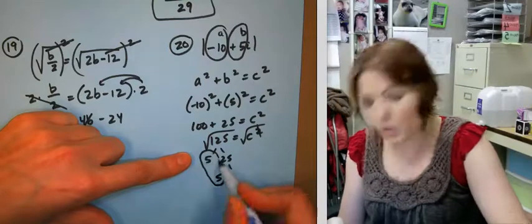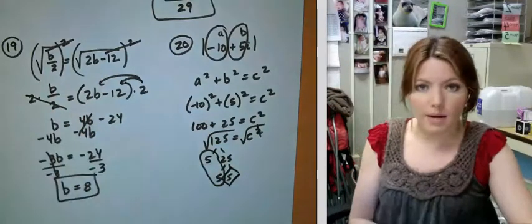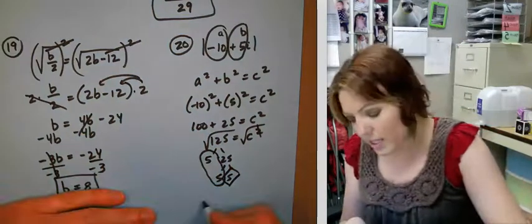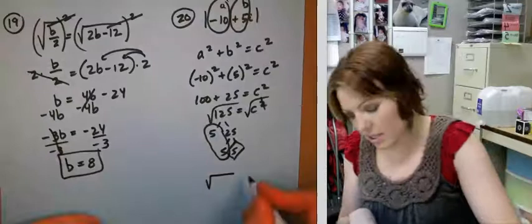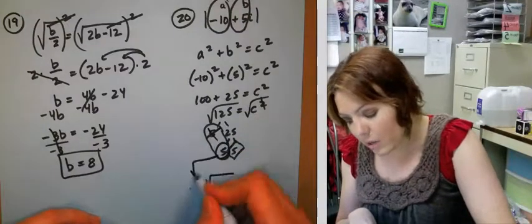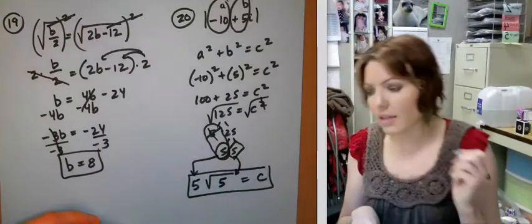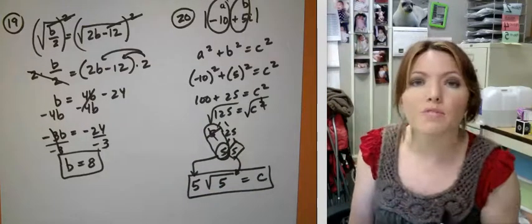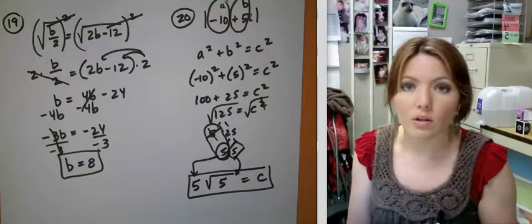Because we have a square root, we look for pairs of numbers, and anything that's left over stays underneath the radical. Okay, so within each pair, 1 gets crossed out and 1 comes outside, and again, anything that does not have a pair stays underneath. So c, or the absolute value of that complex number, is 5 radical 5.